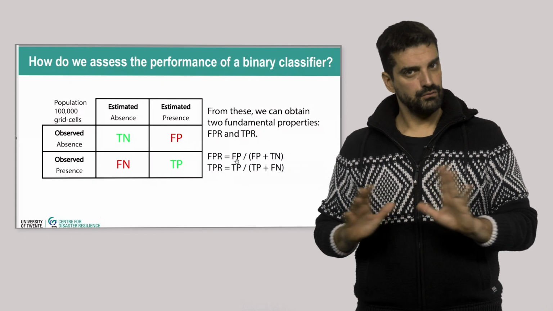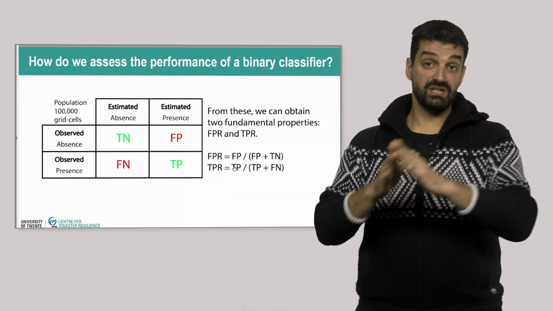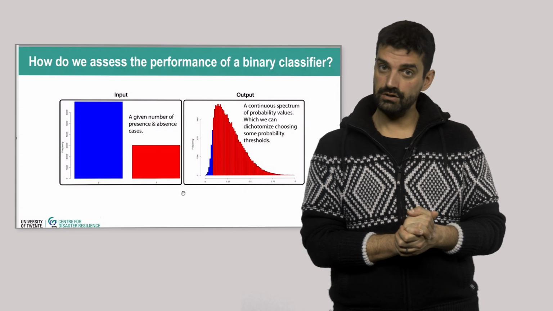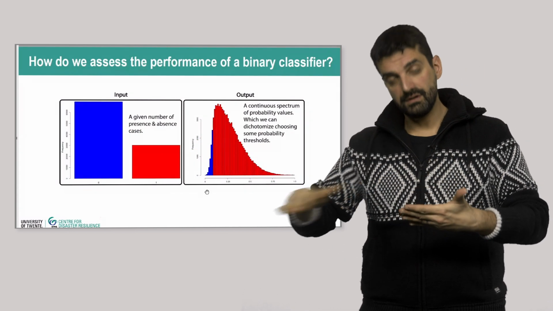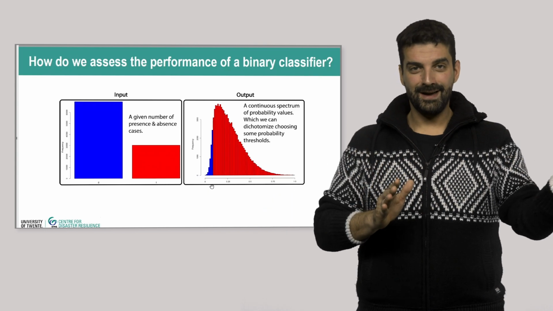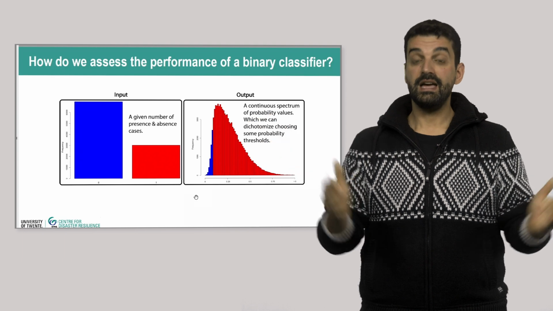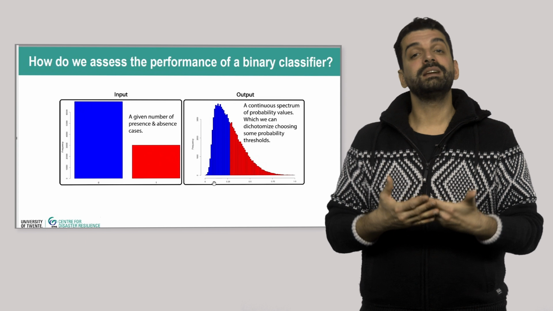There are many to assess binary classification performance. Here we will take the false positive rate and the true positive rate, which you can calculate easily with these equations. You can reiterate this slicing of the probability, matching what was blue on one side to what was red on the other side, and then reiterate the computation of the confusion matrix as many times as you need.